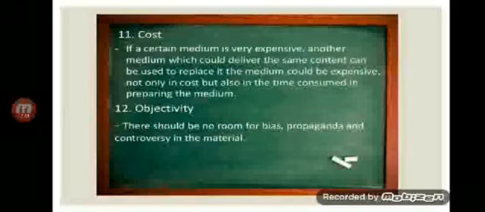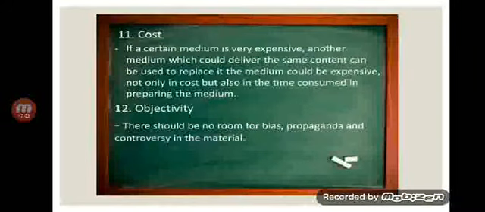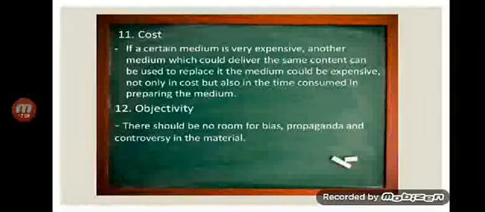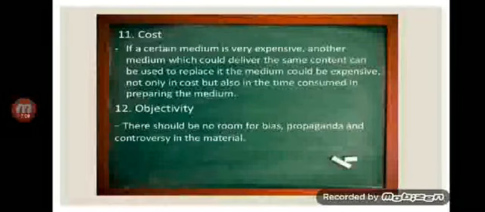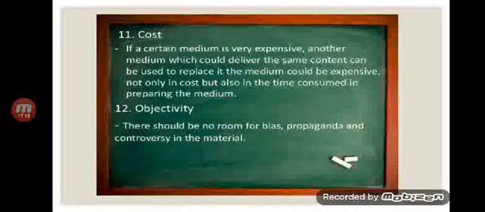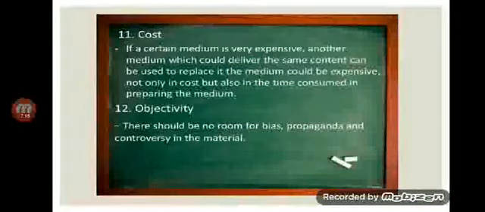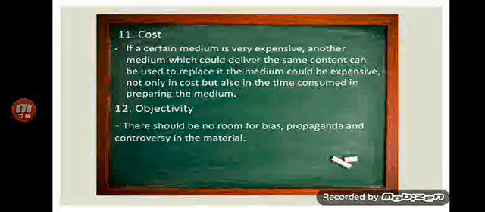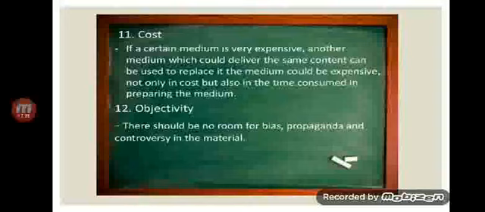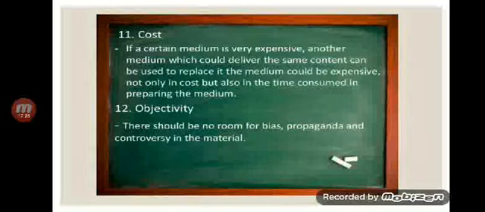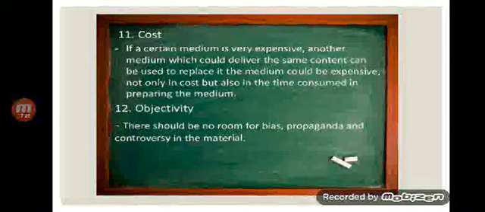Okay, and then there should not be any propaganda, in the sense that there should not be any misleading nature. And also there should not be any controversy in the material. Okay, controversy in the sense that there should not be any disagreement or debatable content, it should be acceptable by everyone. Okay, so we should focus on that also.